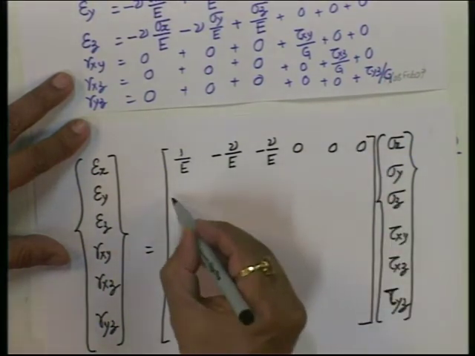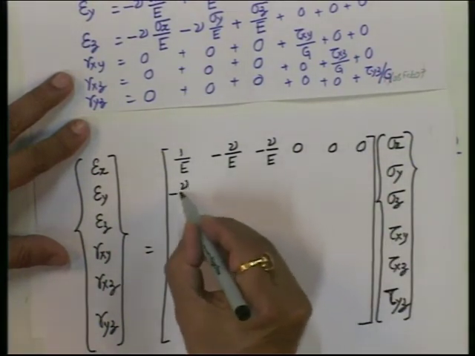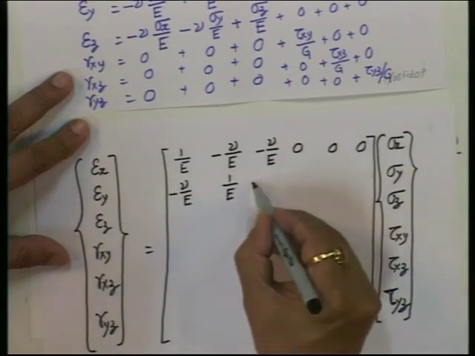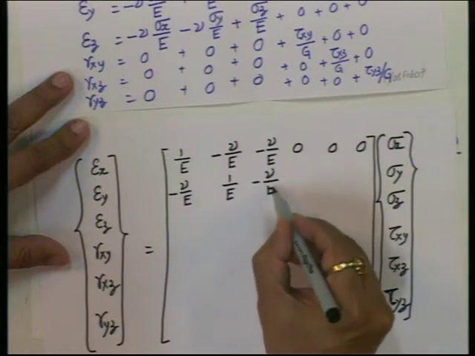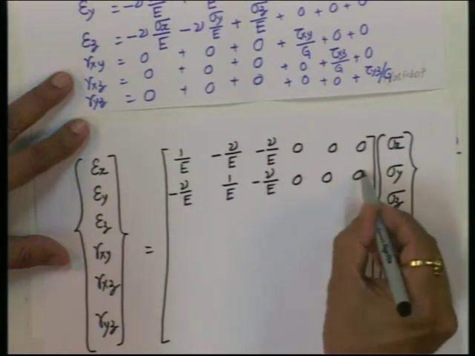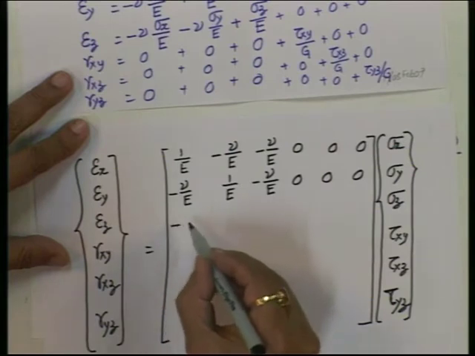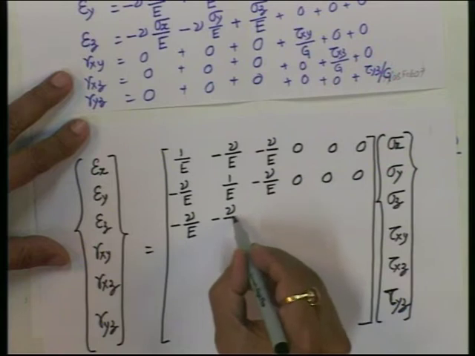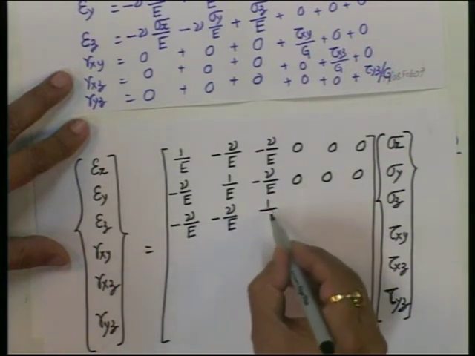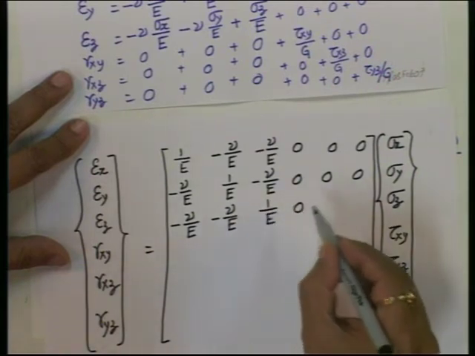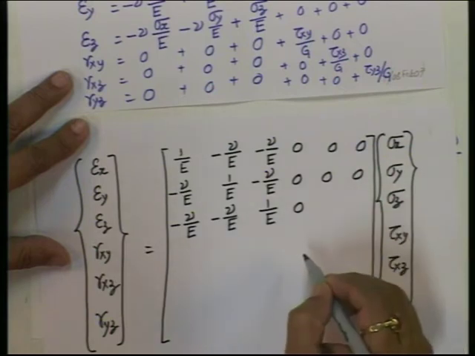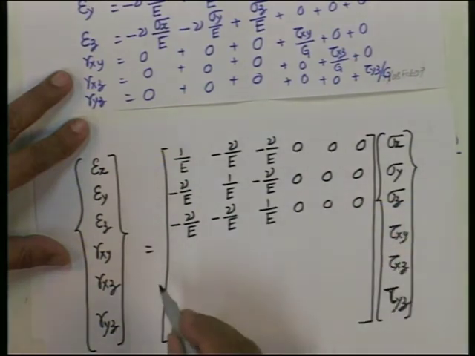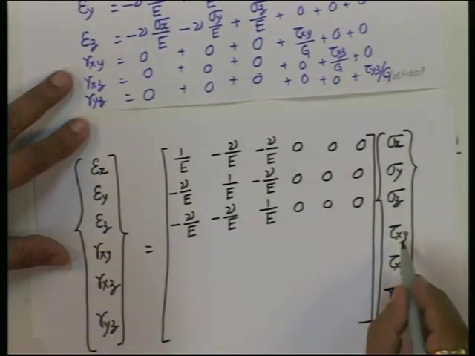Second one minus nu by E, 1 by E, minus nu by E, 0 0 0. Third one minus nu by E, minus nu by E, 1 by E, 0 0 0. Rest one, this one is tau, fourth one.